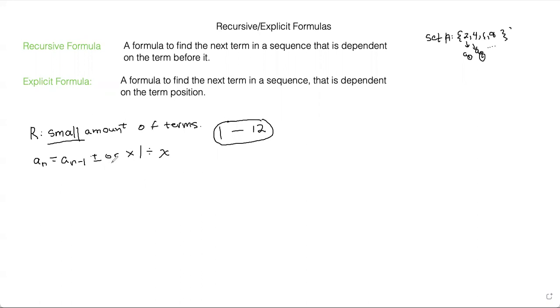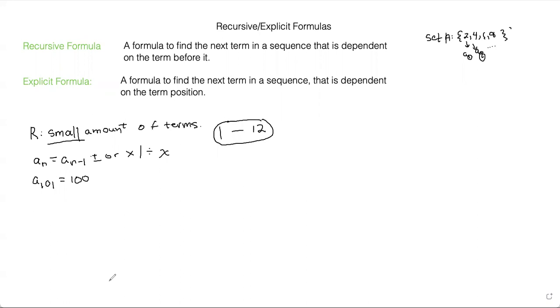So the reason why this isn't really efficient is because, say you had to calculate the 101st term of a sequence of set A, right? Imagine having to find 100 entire terms. I don't even know what the 100th term would be.